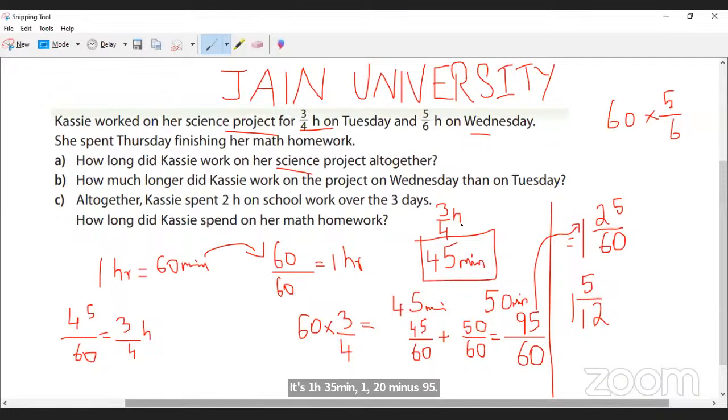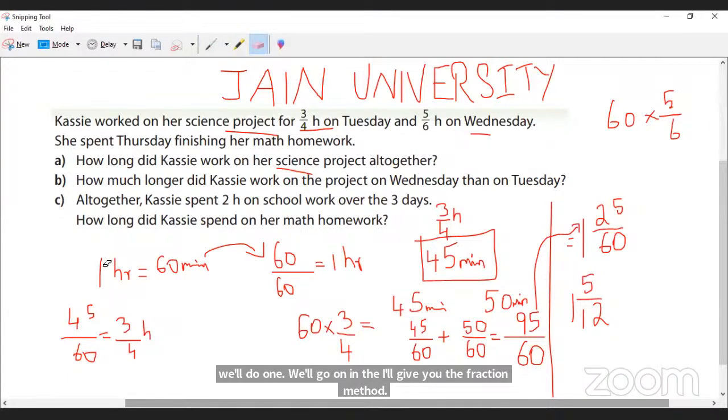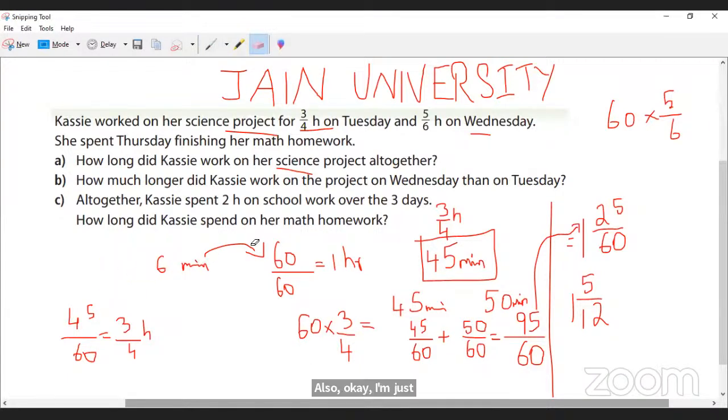Okay, I'll give you the fraction method also. Yeah, I'm sorry, 25 gone, 35 more. Yes. Okay. 25 remaining out of 120 and 35 minutes used. So that's going to be 7 by 12.